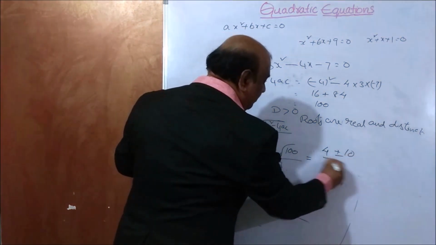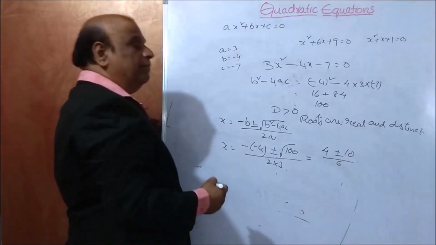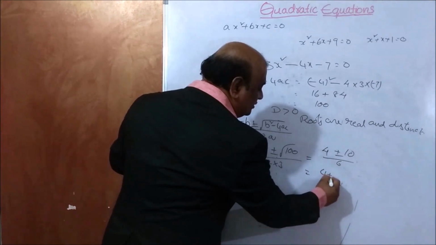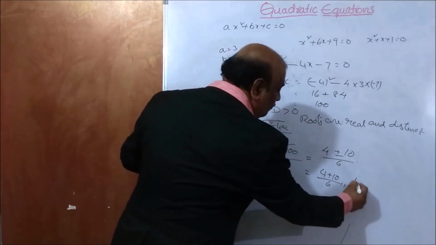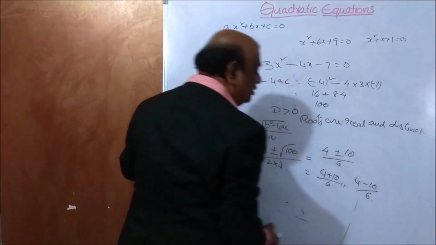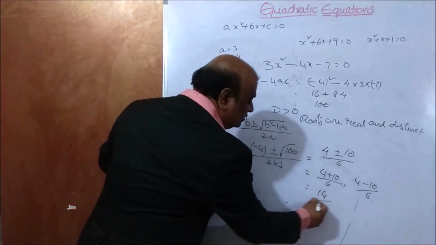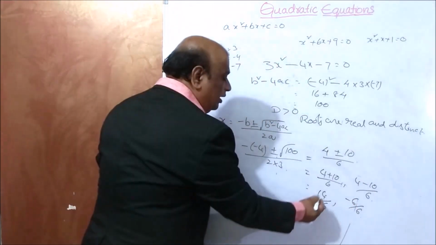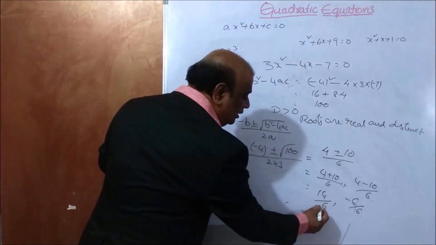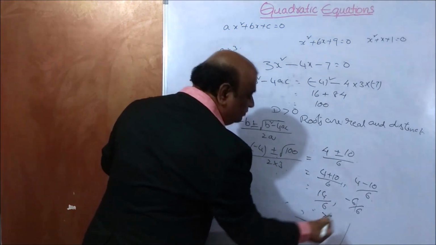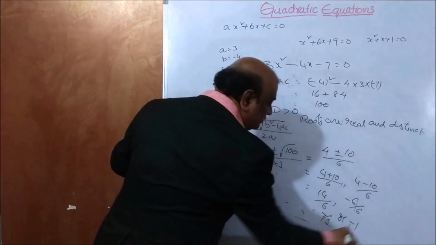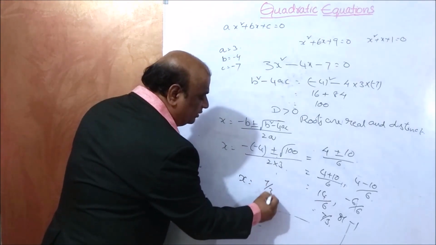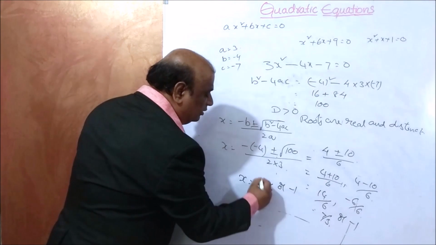Nothing but 10. 10 by 6. Here plus or minus you have to separate: 4 plus 10 by 6, 4 minus 10 by 6. Here 14 by 6, and here minus 6 by 6. Here 2 7s are 14, 2 3s are 6, so 7 by 3 or minus 1. So ultimately we are getting the answer x is equal to 7 by 3 or minus 1. This is the answer.